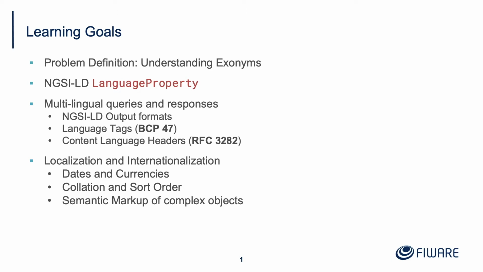Now, obviously, that is your code rather than the context broker code. However, there are, again, standard ways of sorting these things out, and things like semantic markup of complex objects, for example, are quite easily done within standard data models. So it's a recommendation which can be applied today. The first bit, the language property, is definitely coming soon, and the rest of it is all available today.